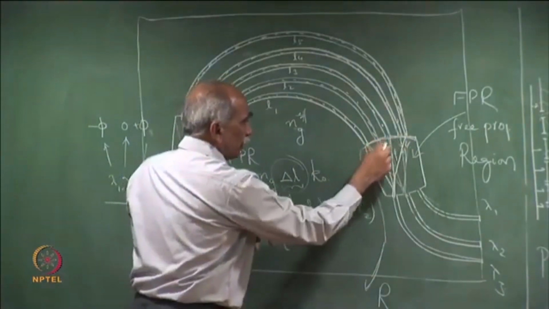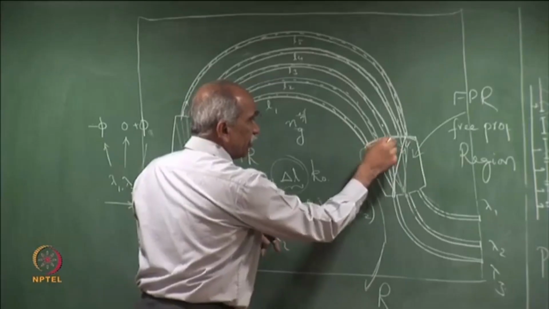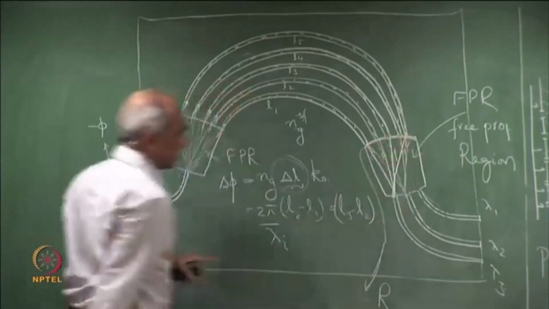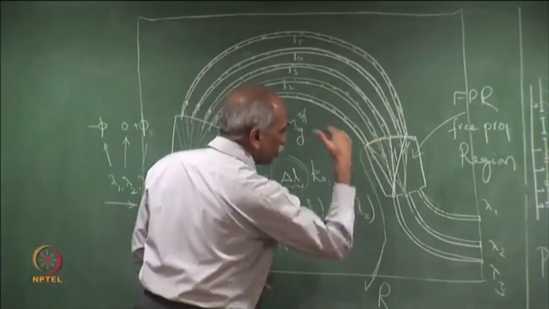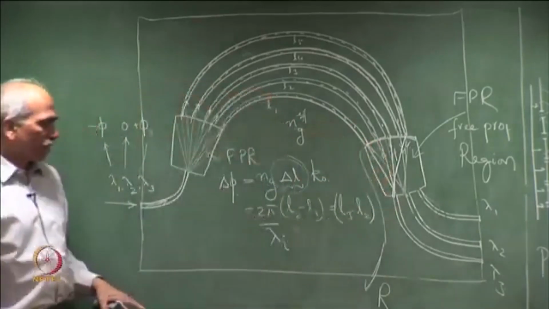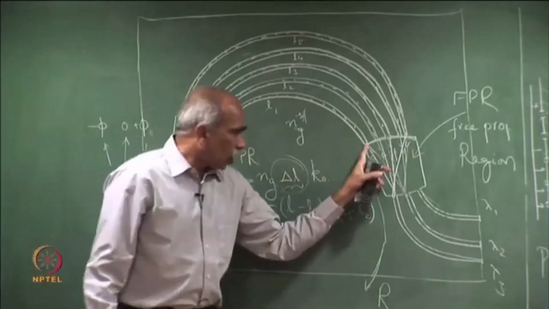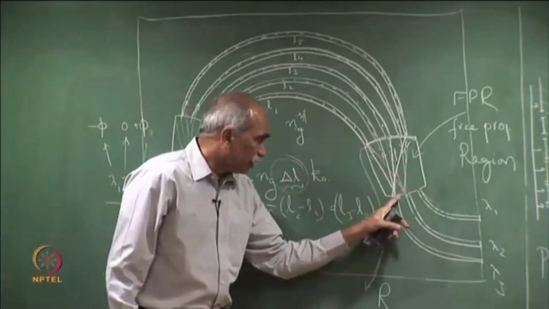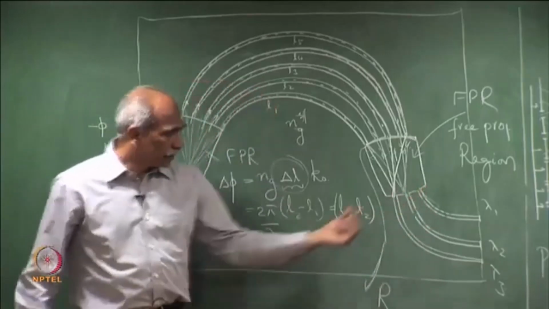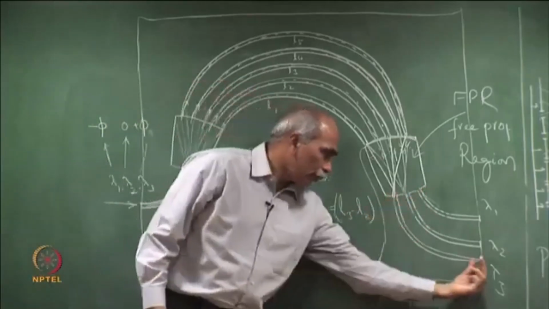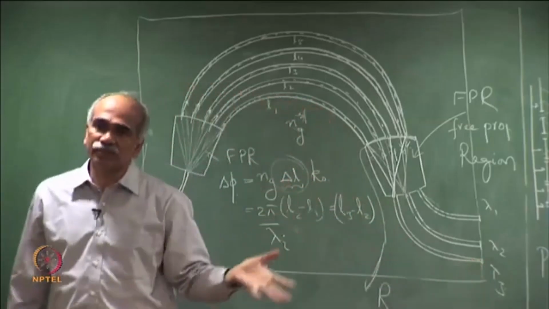From one waveguide to another, adjacent waveguides, the phase difference is the same, but that phase difference is different for different wavelengths. And therefore, the output will focus at different spatial positions. Accordingly, the location of the output waveguides are positioned.